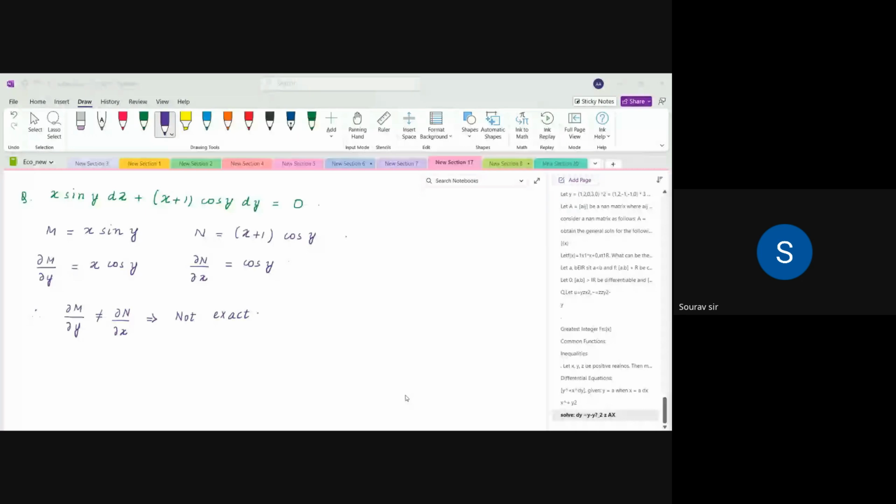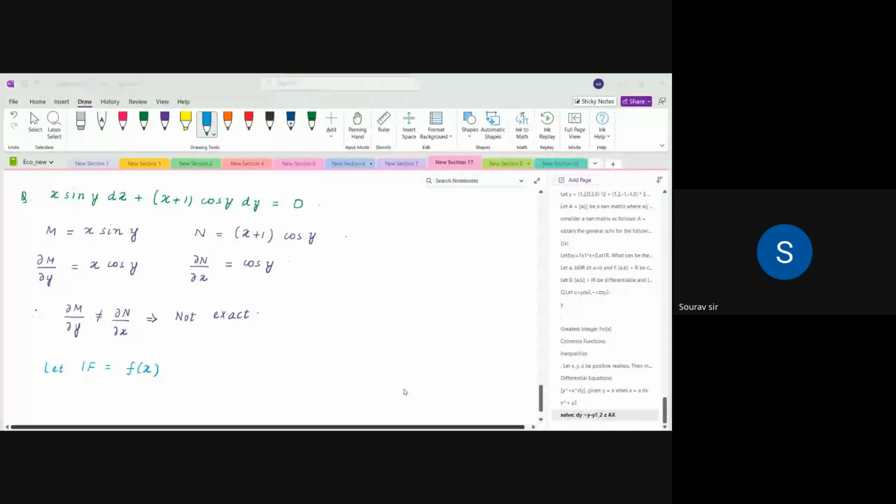To start, let's say that taking a function of x or a function of y makes the calculation relatively simpler. So let's say I choose my integrating factor to be some function of x.